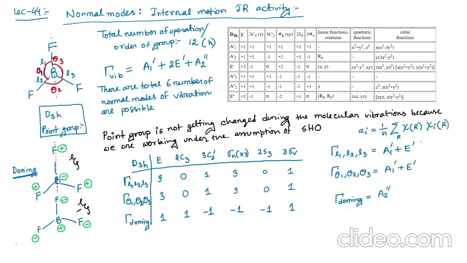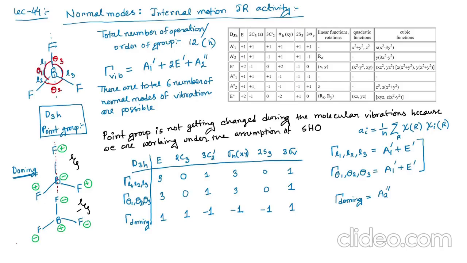But your concern will come because they are going to tell that there are 2 A1 dash, but you have already worked out that there is only one A1 dash. Why is that so? It means we are considering something extra, right?